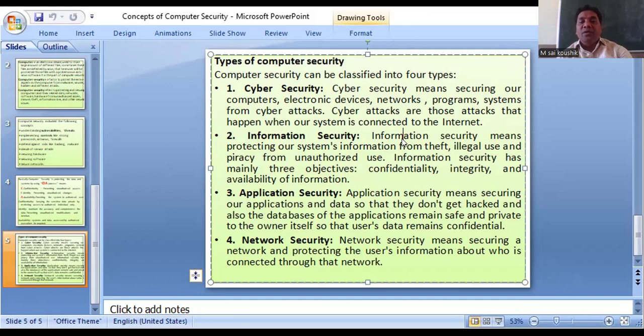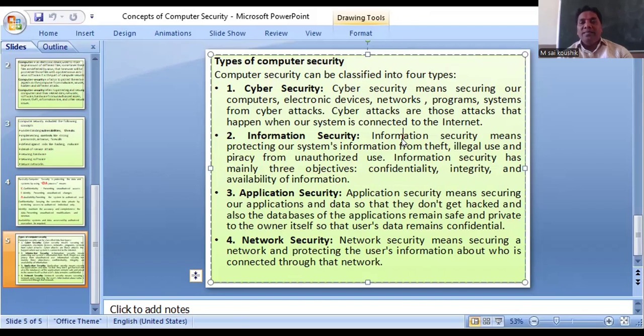And information security is a very, very important factor. Information security is nothing but protecting our system information from theft, illegal use, and privacy or piracy from unauthorized use. Information can be public or private, but the protection of particular data or information is called secured information.